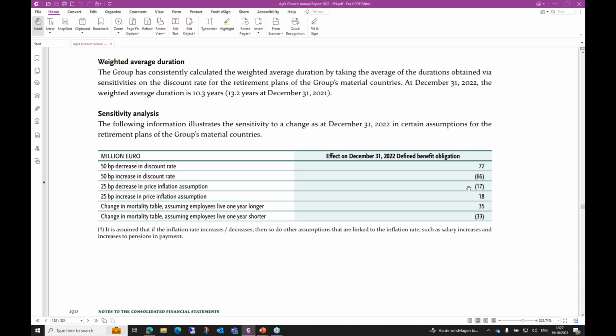In the reverse, it will be lower DBO. And changes in mortality tables have an impact here. You see, it's 35 or less than minus 33, for 1 year longer, 1 year shorter. I don't see that very often. It must be because you see 35 million. The mortality tables still have quite an impact here. If it has an impact, you need to mention the sensitivity.